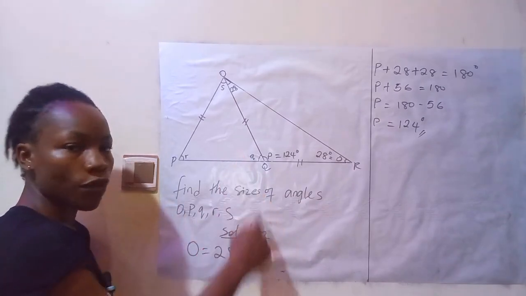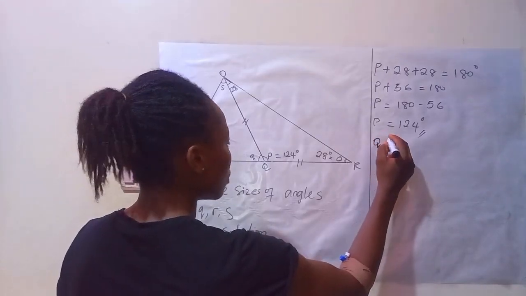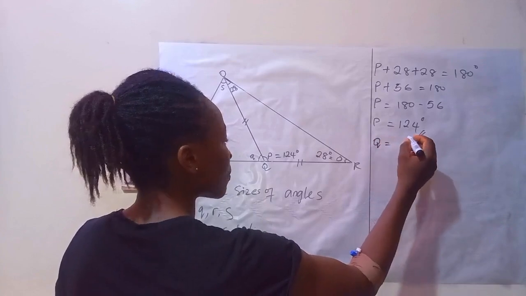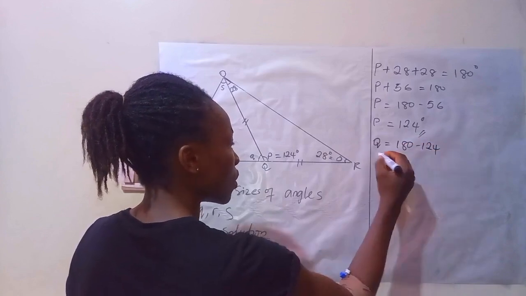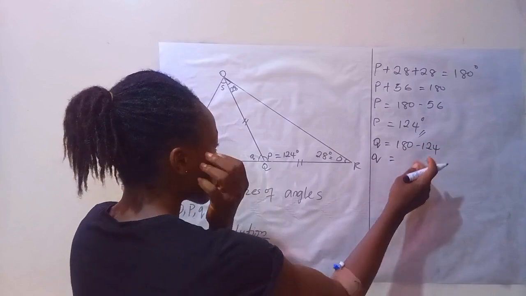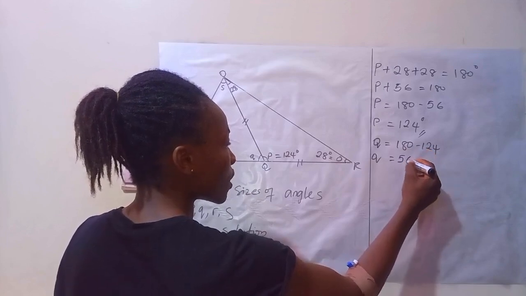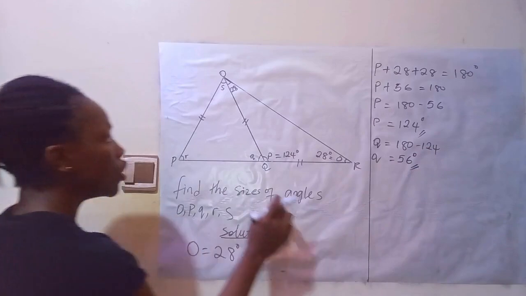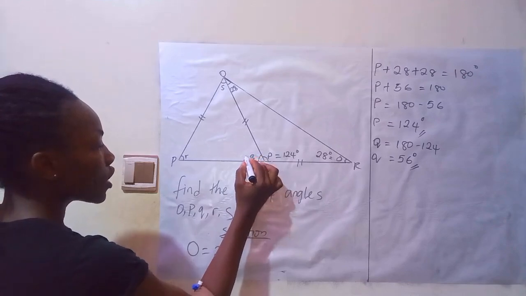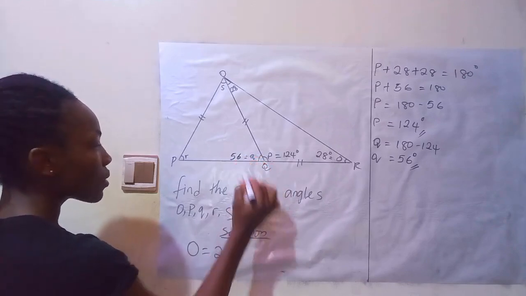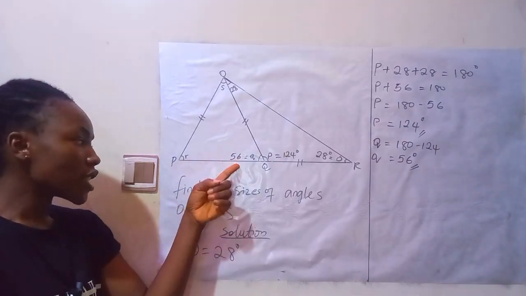Q equals 180 minus 124, which gives 56 degrees. So we have gotten our Q as 56.